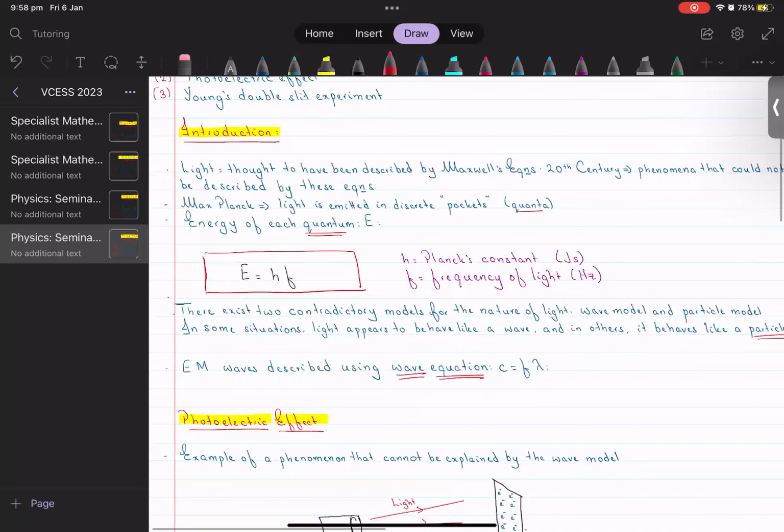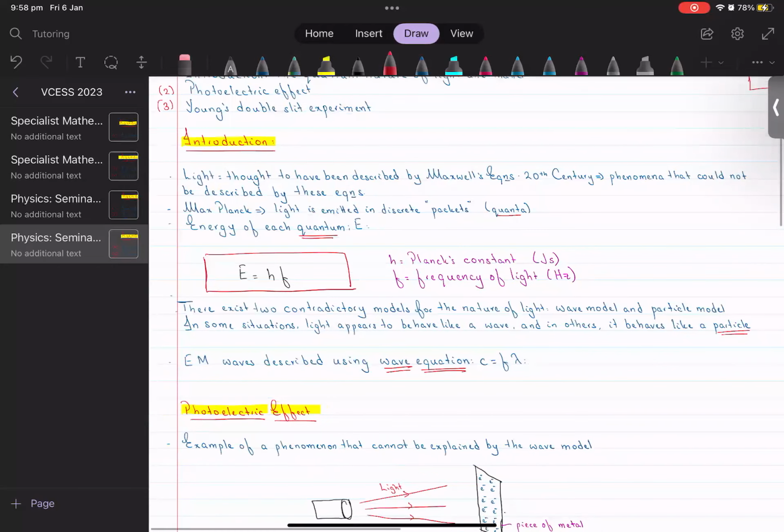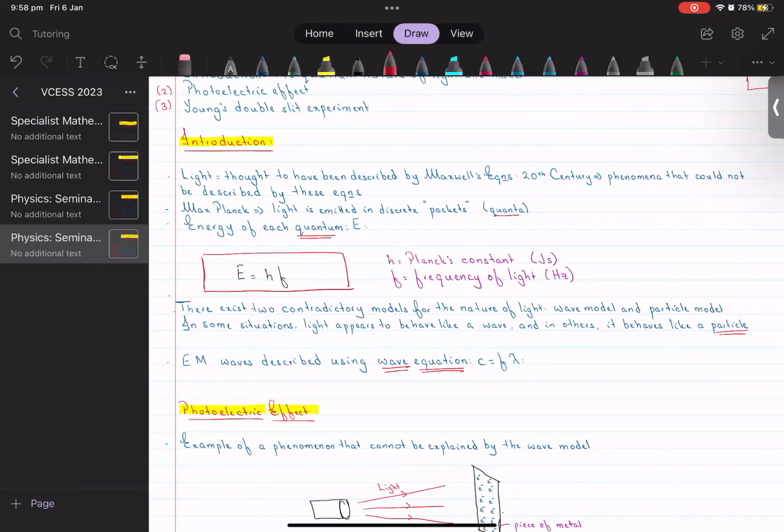The motivation behind this is that before the 20th century, light was thought to be described by what are called Maxwell's equations. Maxwell's equations describe how electric and magnetic fields propagate through a vacuum or through some medium. You may not have seen them.